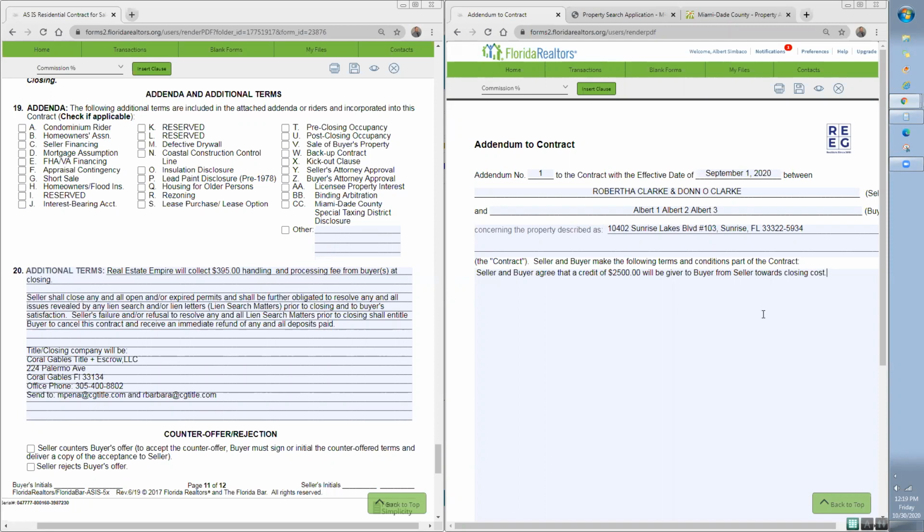Okay? Always towards closing costs. Never place the words for the repair of. No. Seller and buyer agree that a credit will be given to buyer from seller towards the closing costs.